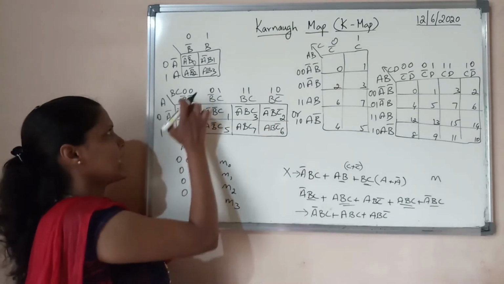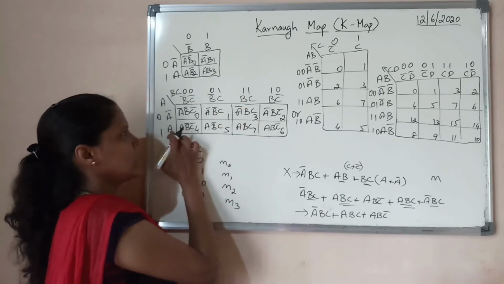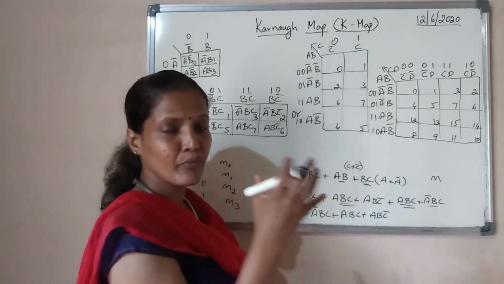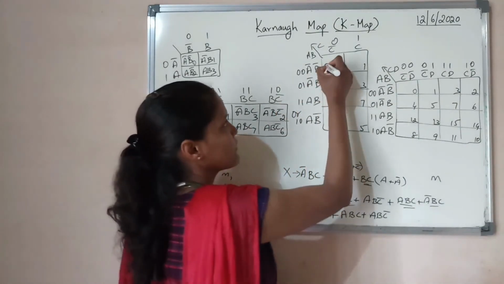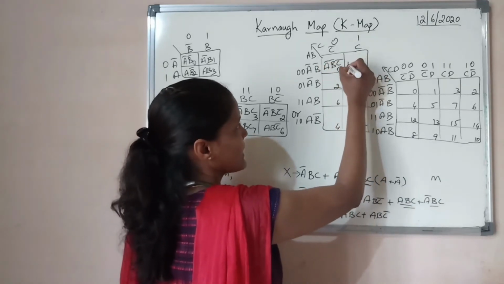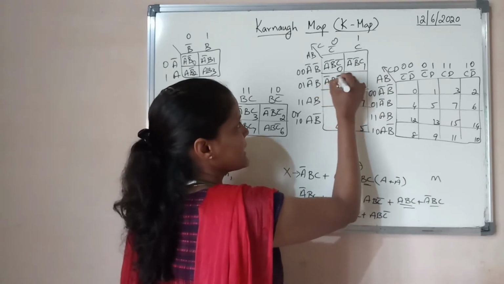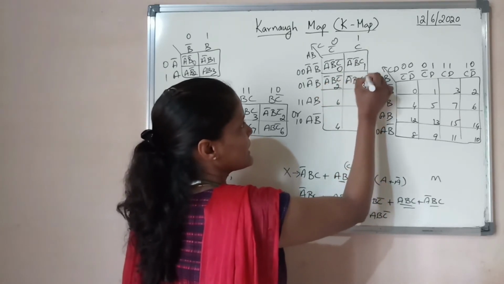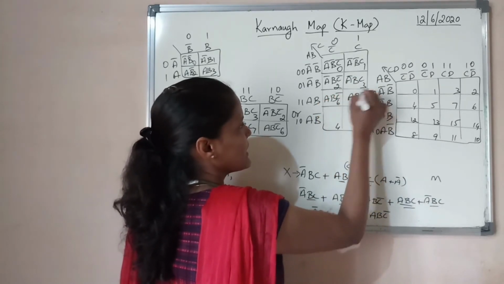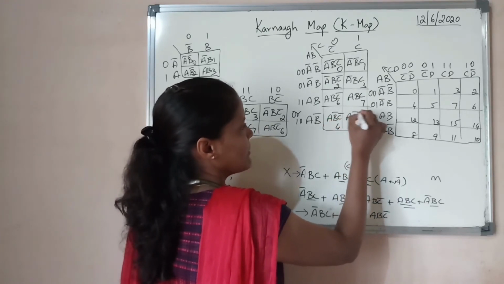I'm just overlapping these variables and filling that inside the cell. And for this, a bar b bar c bar, a bar b bar c, a bar b c bar, a bar b c, a b c bar, a b c, a b bar c bar, and for this, a b bar c.